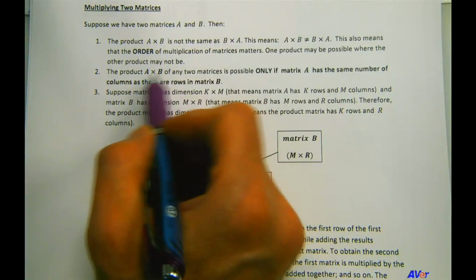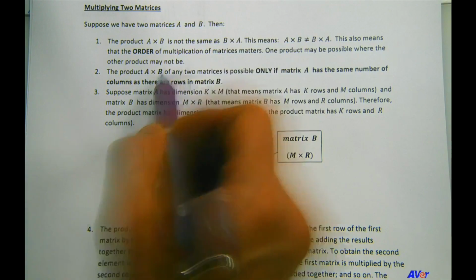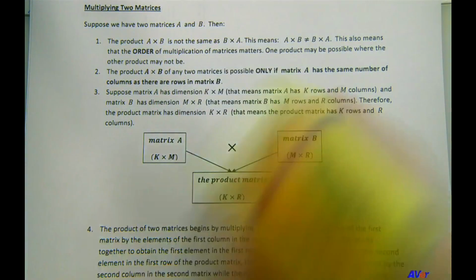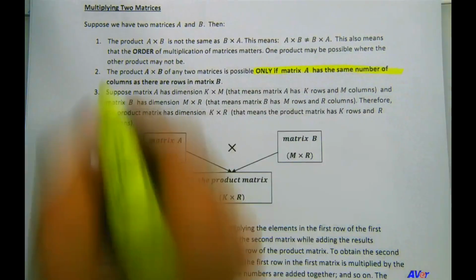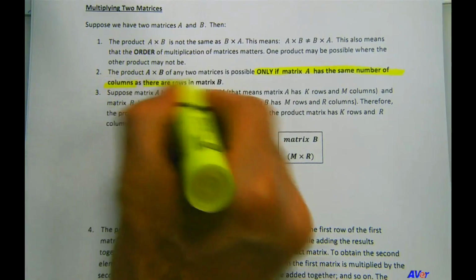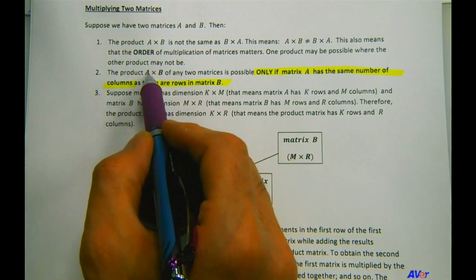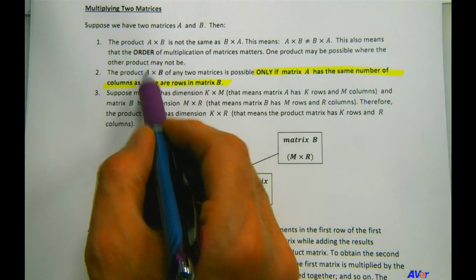So the product A times B, matrices multiplied in this order, is only possible if matrix A has the same number of columns as there are rows in matrix B. So if you're multiplying A times B, suppose matrix A has 3 columns.